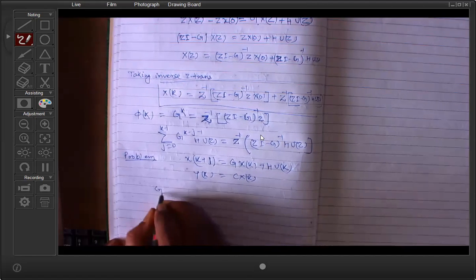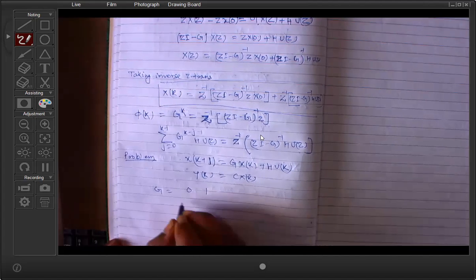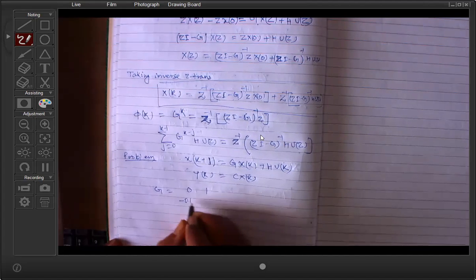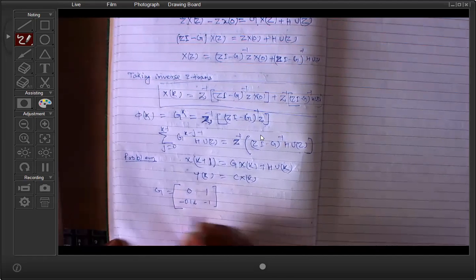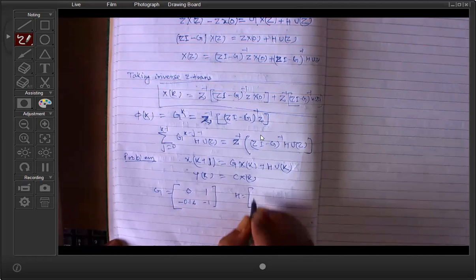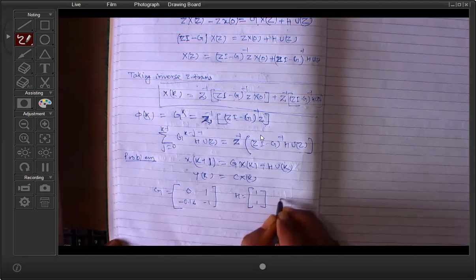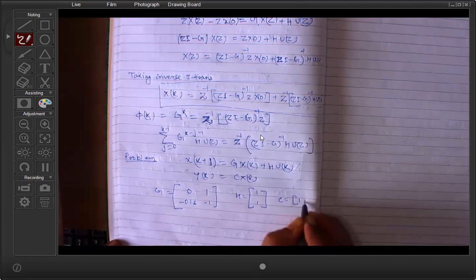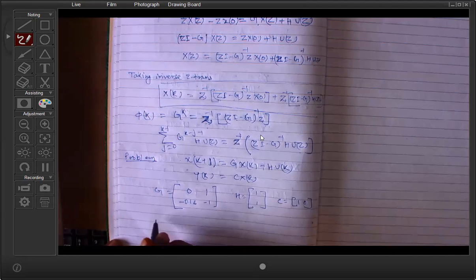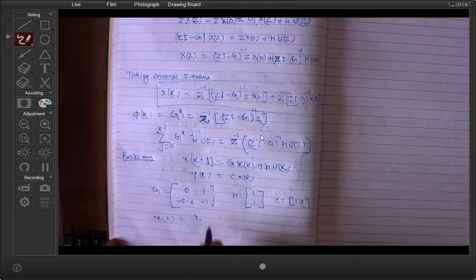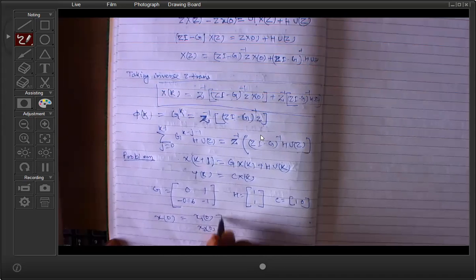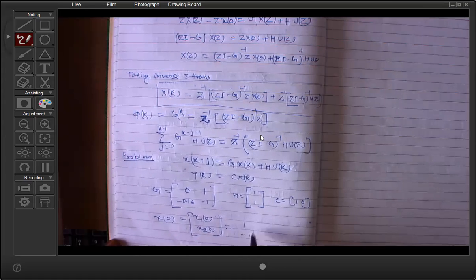Okay, where G is equal to [0, 1; -0.16, -1], H is equal to [1; 1] and C matrix is equal to [1 0], and the initial value of the state variable is x1(0), x2(0), the value of the two state variables is equal to 1 and -1.